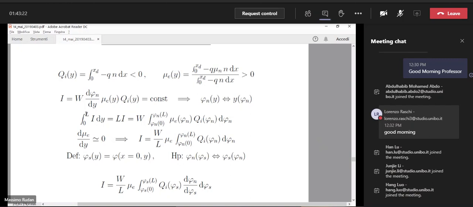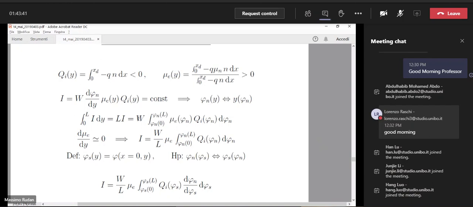On the other hand, I is a constant. So as a consequence, this integral provides L times I. The integral on the right must be integrated with respect to phi n.